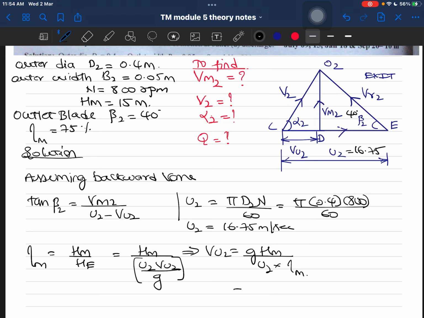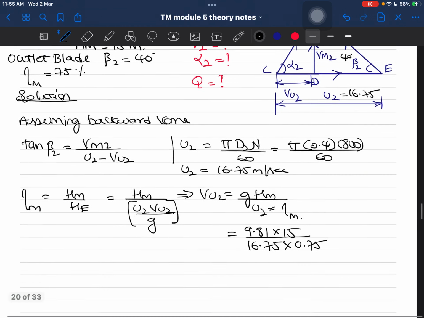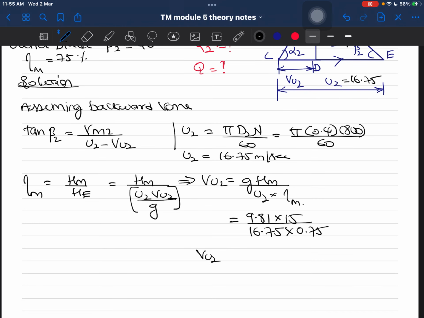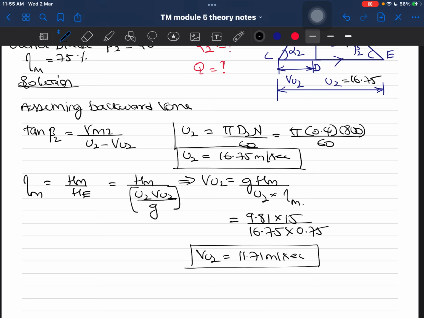Substituting: 9.81 into manometric head 15, divided by U2 value we have just calculated as 16.75, into efficiency 0.75. From this you will get the value of Vu2, 11.71 meters per second. This is the value of Vu2 and this is the value of U2. And why are we calculating all this? To calculate the angle of beta 2.